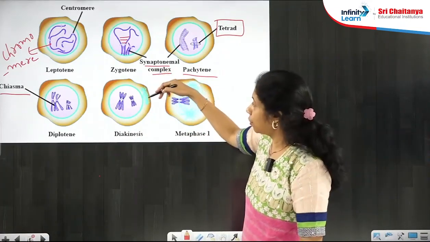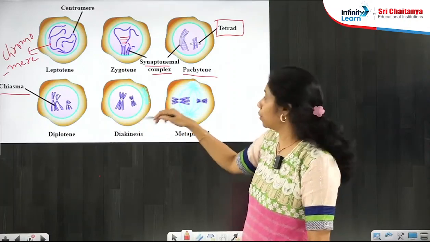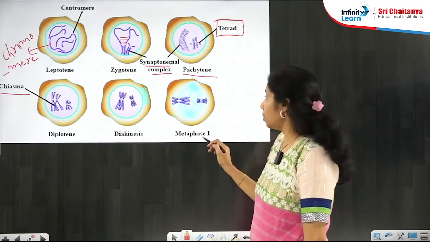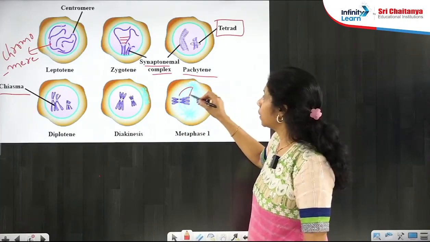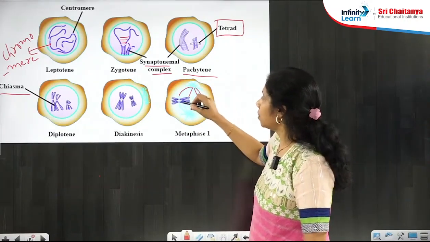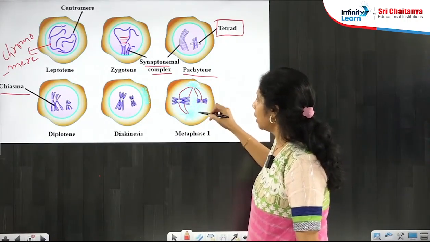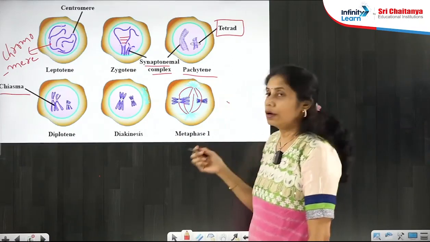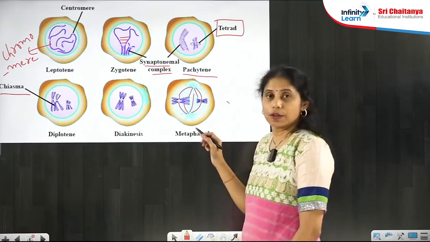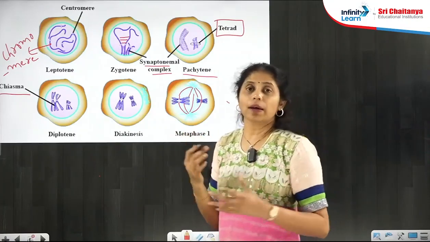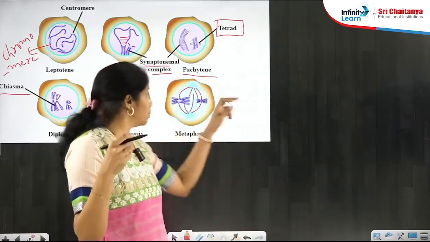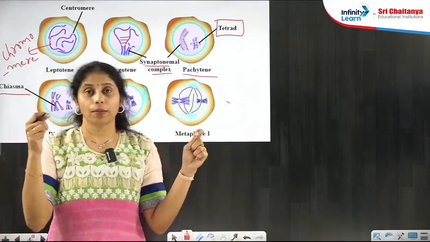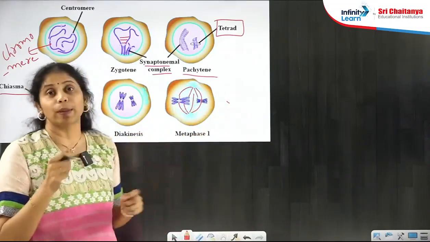You can see that centrioles would have migrated towards the opposite poles with the spindle fibers. In metaphase 1, now the spindle fibers will come from the opposite poles and they will be attached, okay, to the kinetochores of the chromosomes. The same event like metaphase of mitosis. So spindle fibers will be coming from both the poles and they will come and attach to the kinetochores of this bivalent.